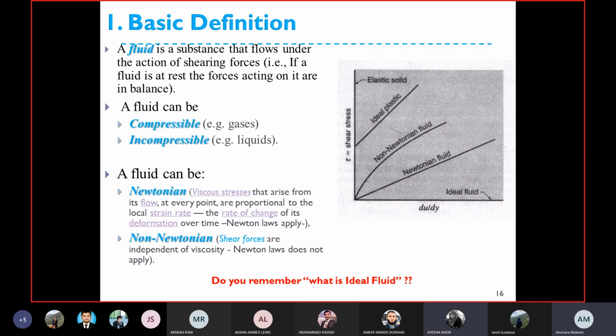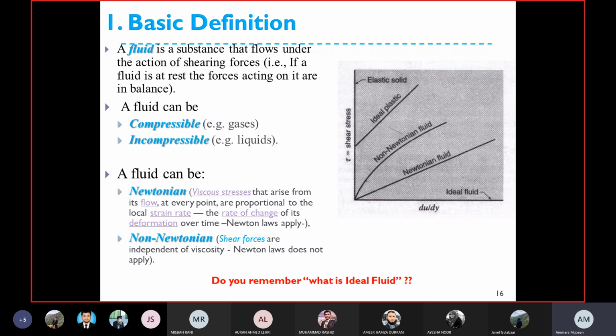Compressible, the fluid of which, yes, we can reduce the volume is compressible fluid. Very good. How can you reduce the volume of fluid? Applying pressure. On applying pressure, very good.